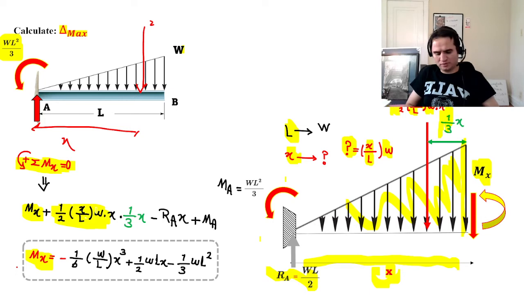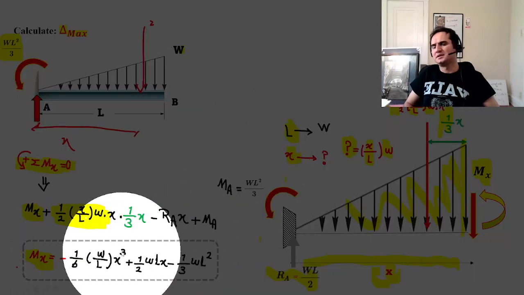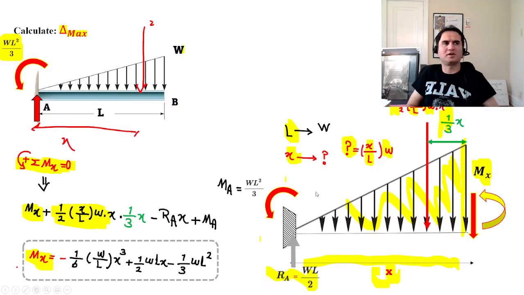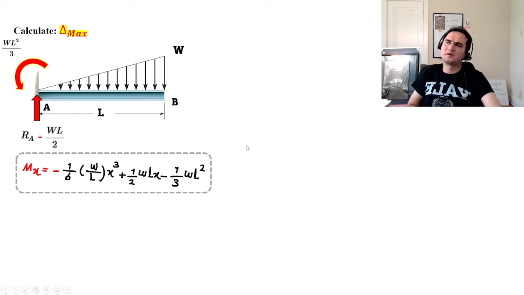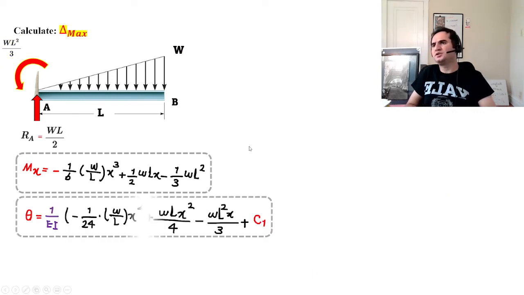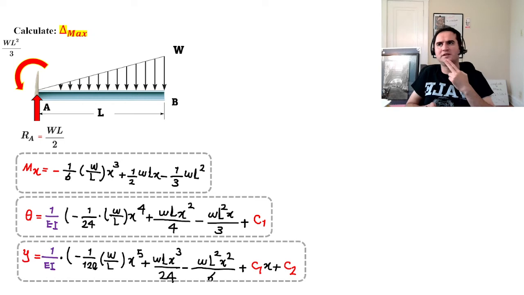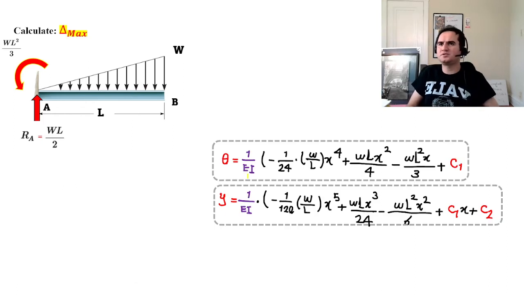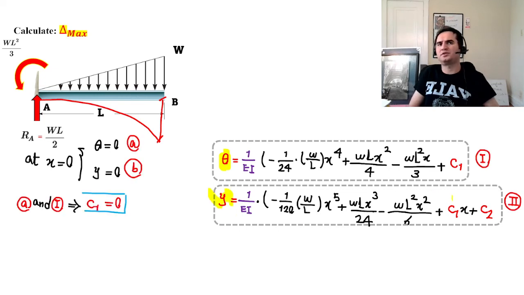If you integrate the equation for M of x twice, it gives you the deflection, and we are looking for delta maximum. Having the moment equation, you can easily get the equation for theta with a constant of integration C1, and the other one is the y deflection equation, which includes both C1 and C2. Consider the first as equation number 1 and the y equation as equation number 2.